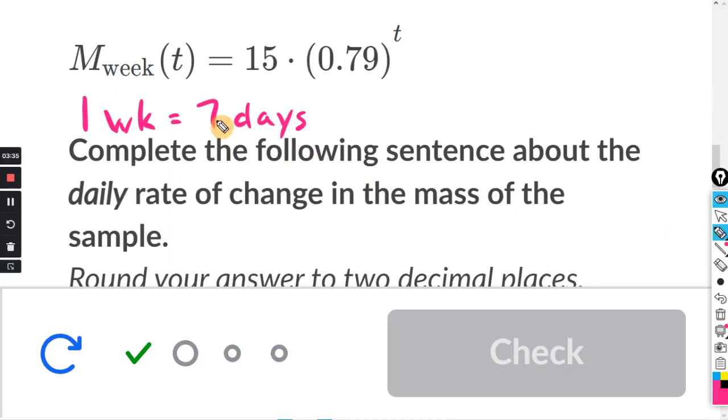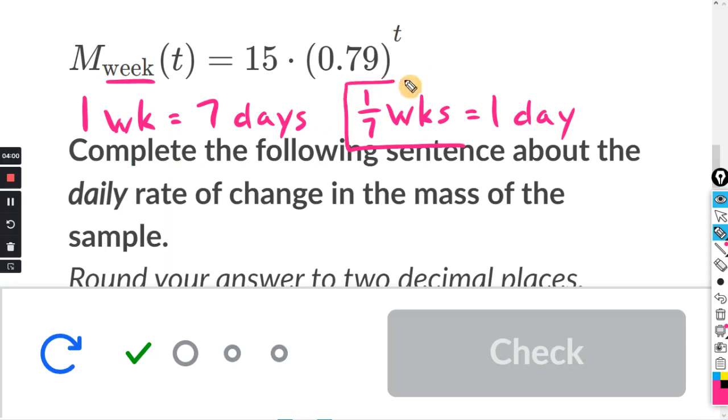So basically, if you divide both sides by 7, 1 over 7 weeks is equivalent to 1 day. So if we want to plug in 1 day in here, we can't plug in 1 because T is in weeks. So we have to take 1 day and plug in 1 over 7 weeks.